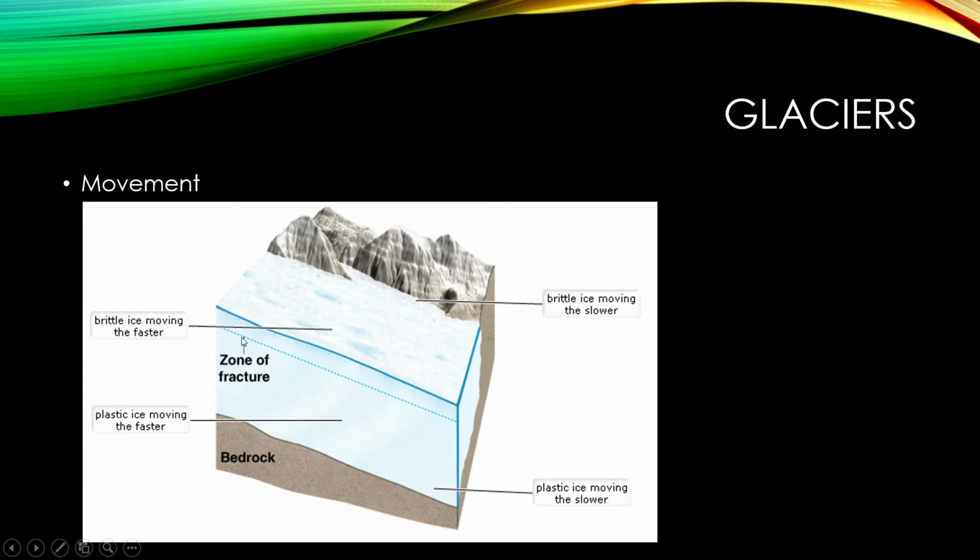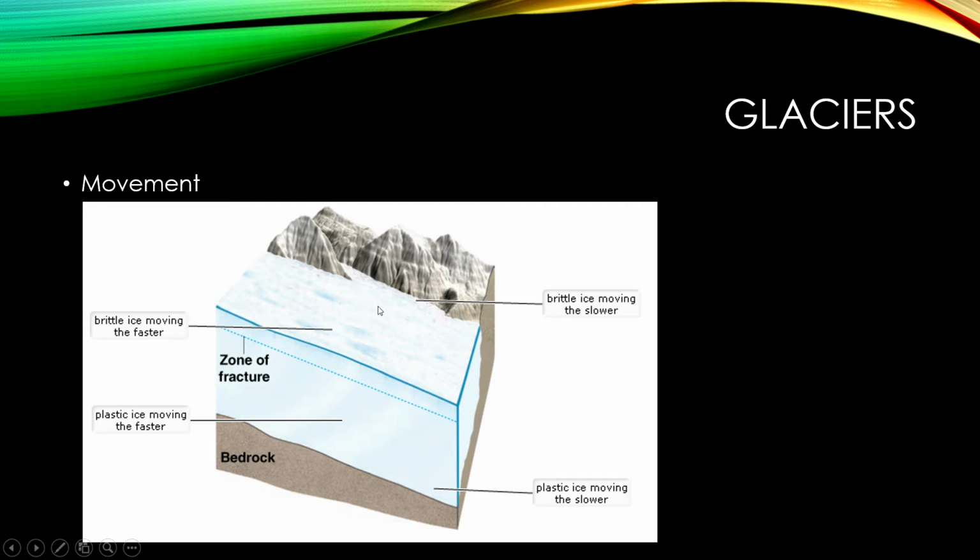So the zone of fracturing is from a shallow portion of the glacier up to the top. This is where your glacier actually starts to crack, or your crevice starts to form. So your ice is moving slower at the top, and ice is moving slower at the valley wall, and ice is moving faster in between, inside the glacier.